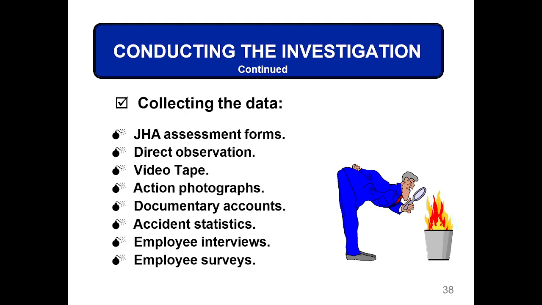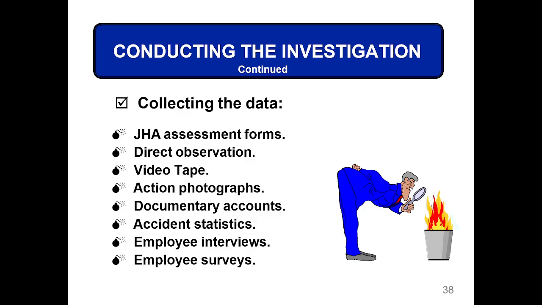And then, how will you collect data during the process of accident investigation? 1, through job hazard analysis assessment forms that have been filled. Direct observation, maybe during your visit to the accident site.